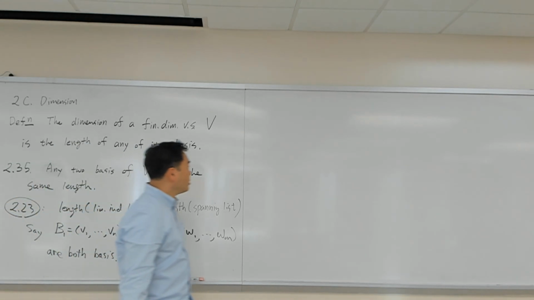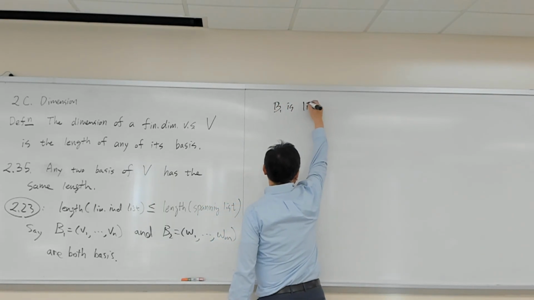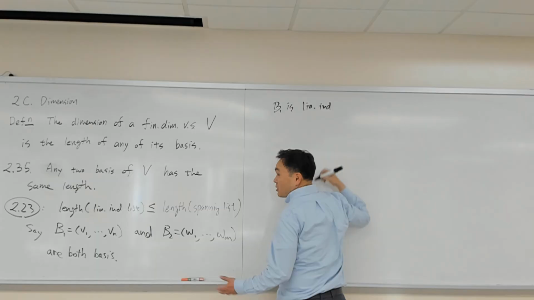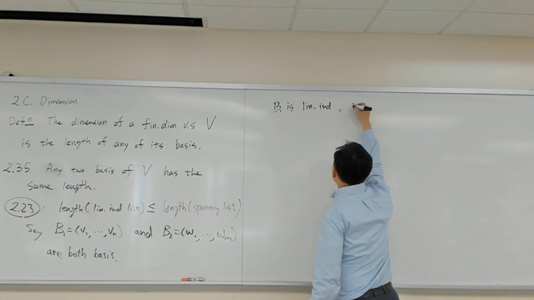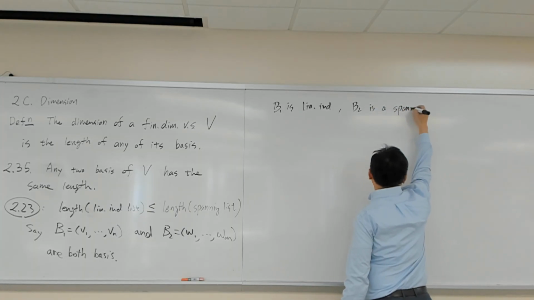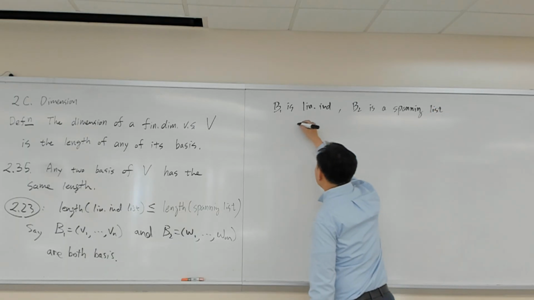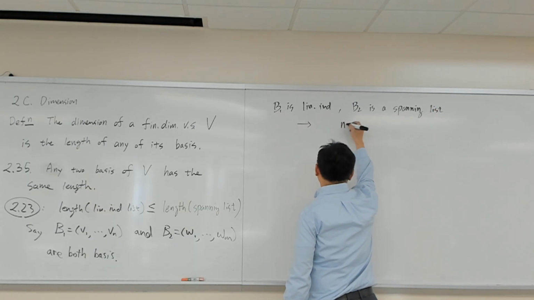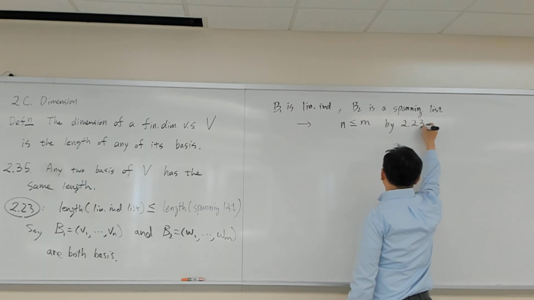Well, since B1 is linearly independent, a basis is linearly independent, right? And B2 is a spanning list. So that immediately implies that n is less than or equal to m by 2.23.